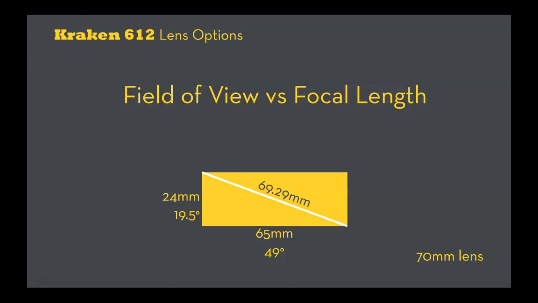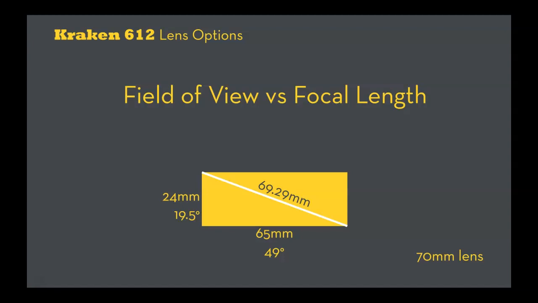So let's take a look at the field of view. So now we have a 70 millimeter lens in the lower right hand corner. For these next slides, I'm going to be talking about what lens we have. So we have a 70 millimeter lens. Well, the angle of view for the height is 19.5. So let me talk about this.